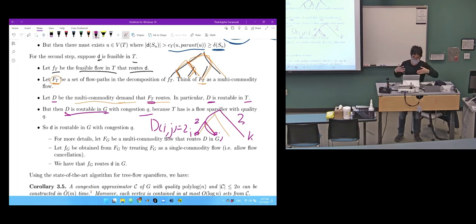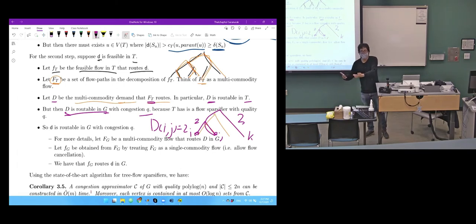But if you can route a multi-commodity flow demand with congestion Q, it just means that you can route it as a single commodity flow with congestion Q too. Because when you think about multi-commodity flow, you have many commodities that the flow cannot cancel. Now, look at the same demand, but now it's single commodity. Now the flow can cancel. The congestion can only get better.